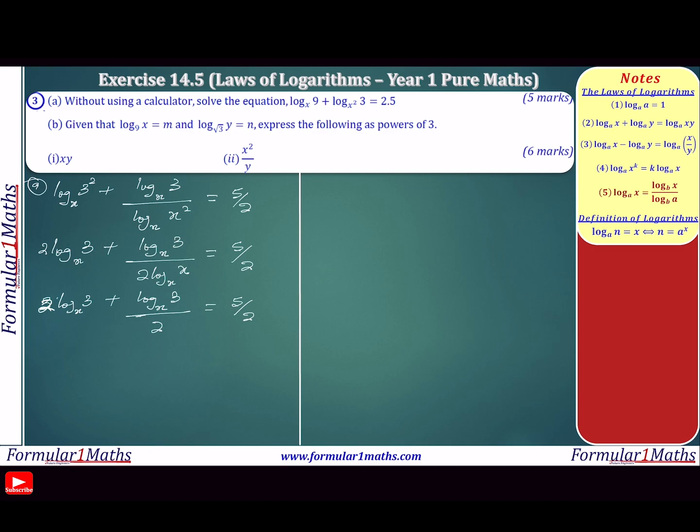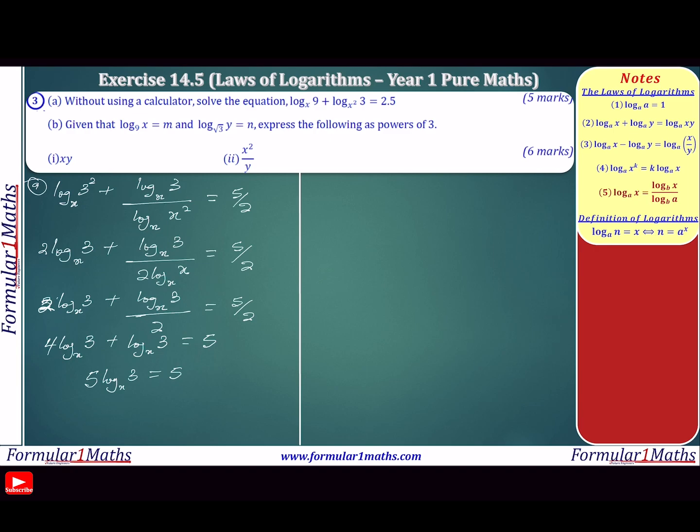Then I can multiply each term by 2 to simplify the equation. If I do that, I'm going to get 4 log to base x of 3 plus log to base x of 3 is equal to 5. But 4 lots of log to base x of 3 plus one of them here will give me 5 log to base x of 3 equals 5.